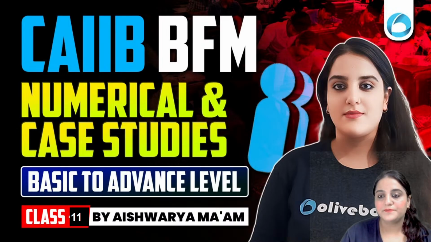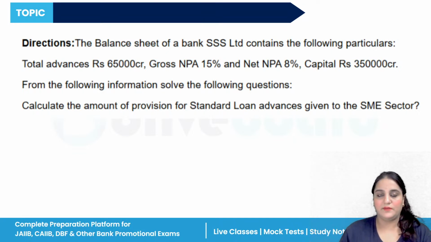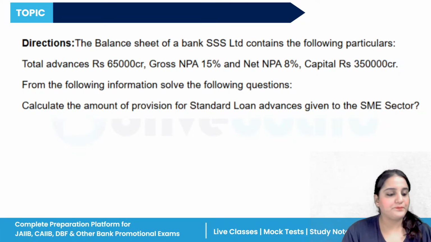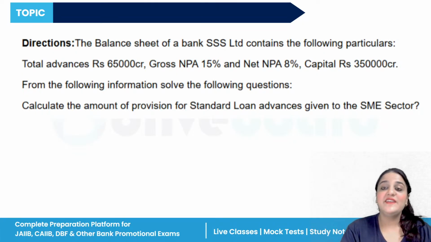So let's start. Here is the question. The balance sheet of SSS Limited contains some particulars. Means some things are given here. Total advances are given, right? Gross NPA is given, that is 15%. Net NPA is given, that is 8%.